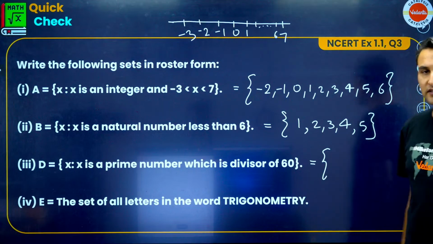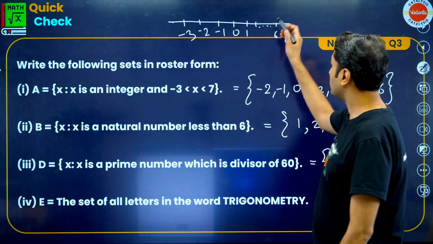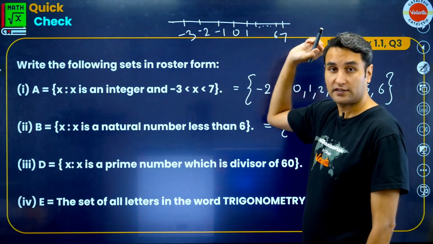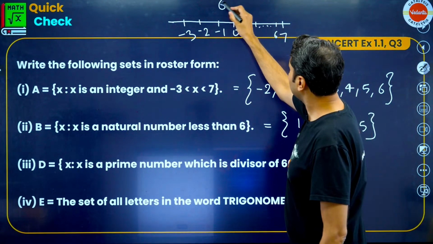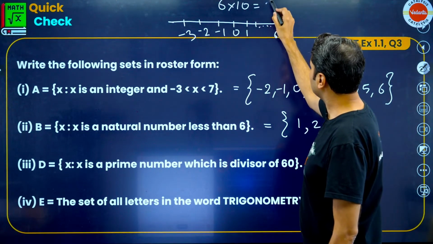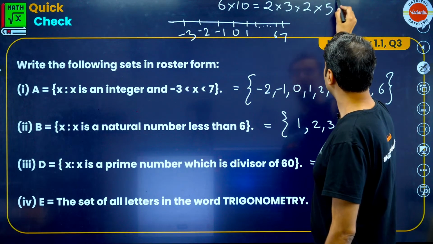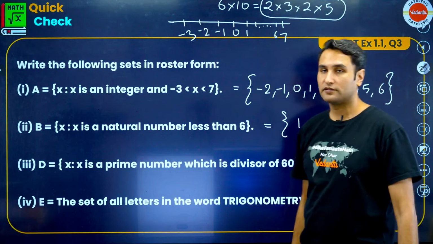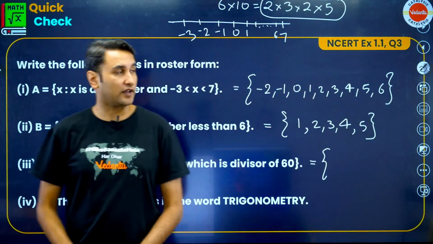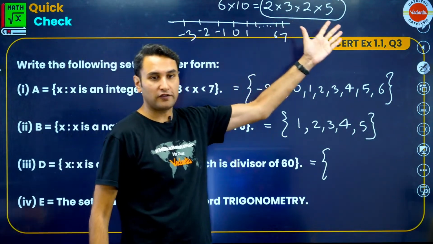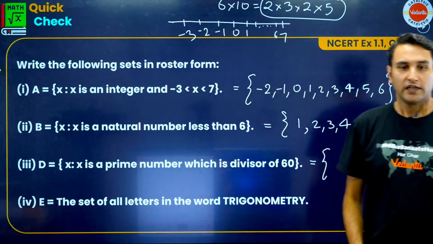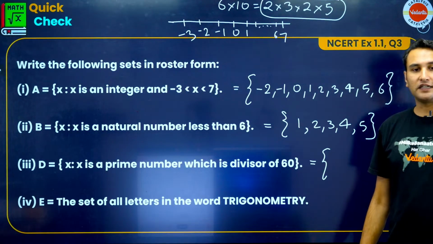Okay. Now, D, X is a prime number which is a divisor of 60. What are the divisors of 60? What is 60? 60 is 6 into 10, which is 2 into 3 into 2 into 5. These are the divisors, right? So 2, 3 and 5. What it wants is a prime number which is a divisor of 60.